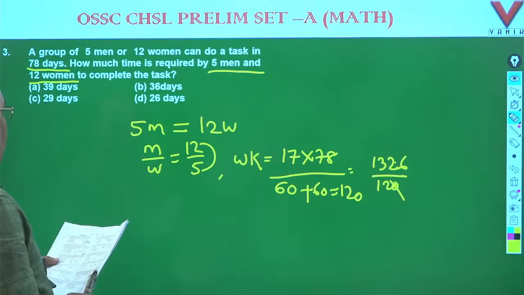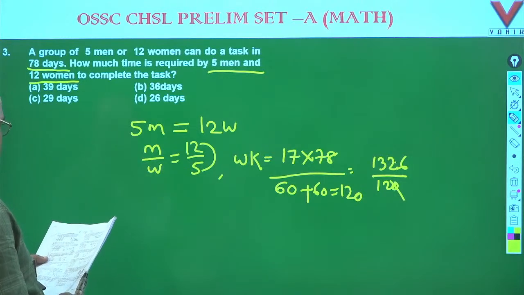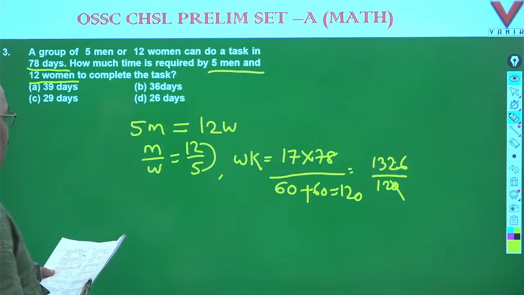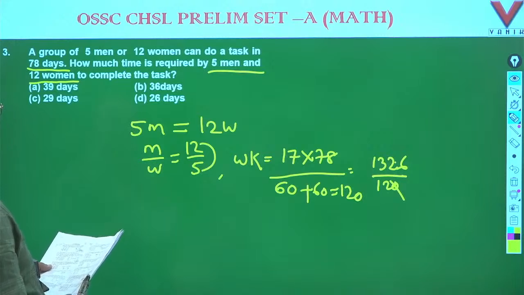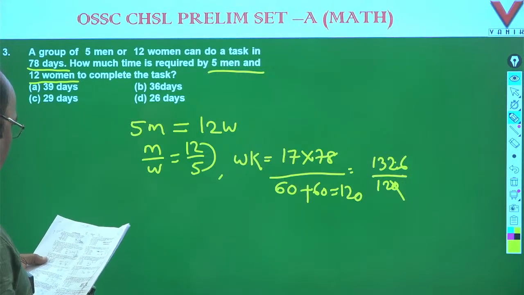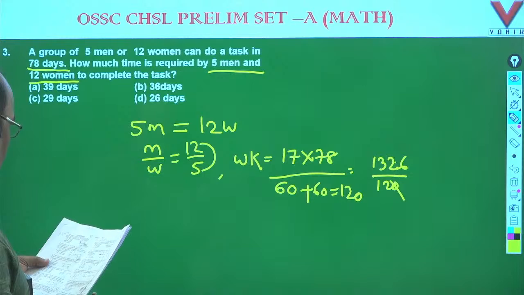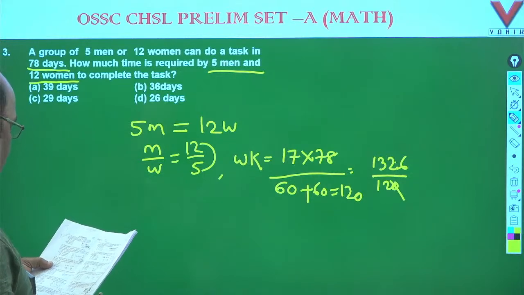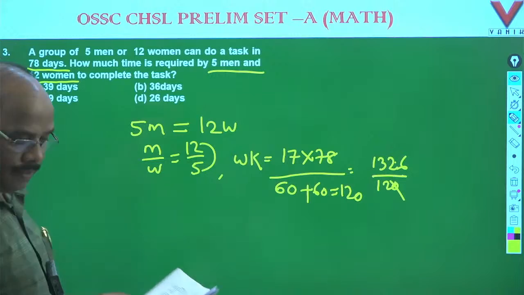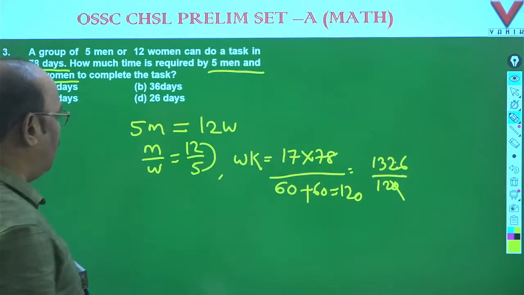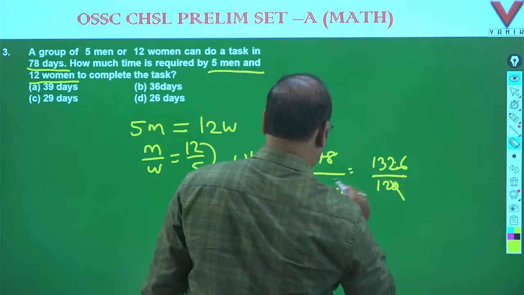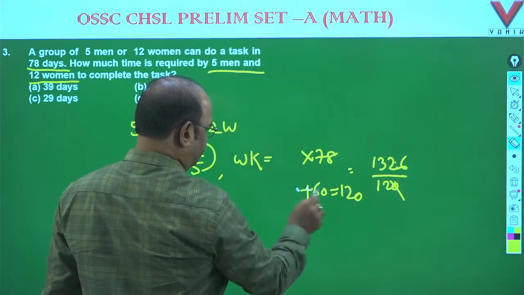Five men equal to 12 women, right? So the men by women ratio is 12 by 5. Sorry, any one group can do this work in 78 days, so the amount of work will be different.